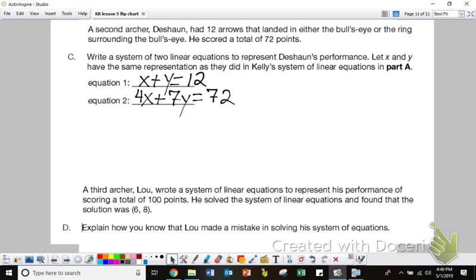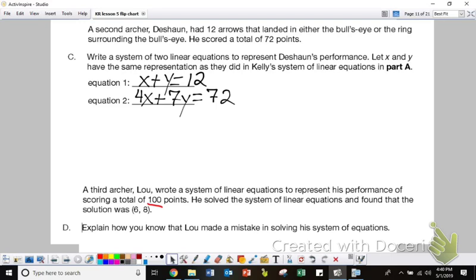Even though it wasn't necessarily for this, we can just use the generic point system of 4 and 7. If I plug in 6 and 8 for x and y in the 4x plus 7y equals 72, or sorry, 100, because this is the 100 points.